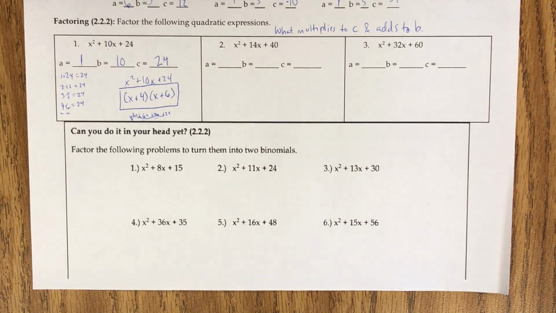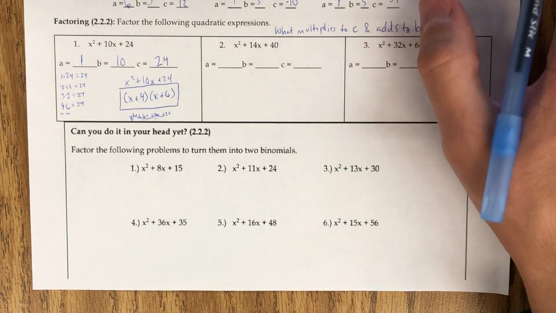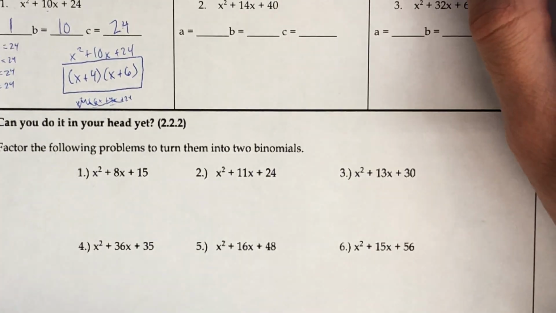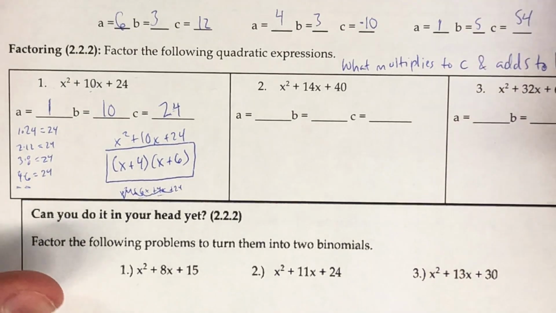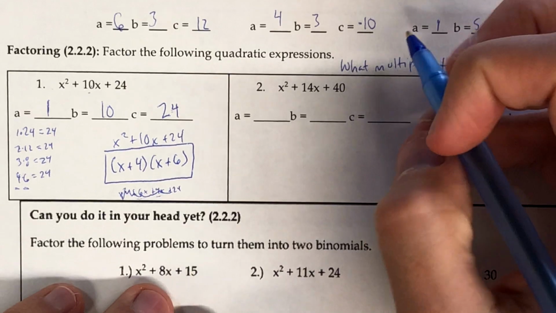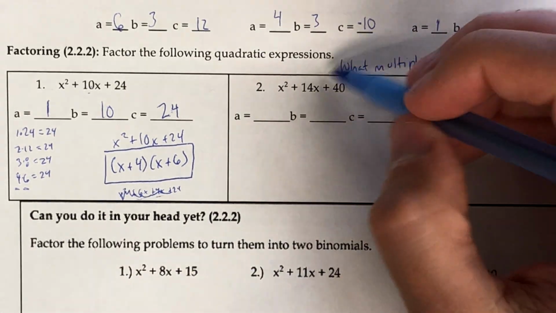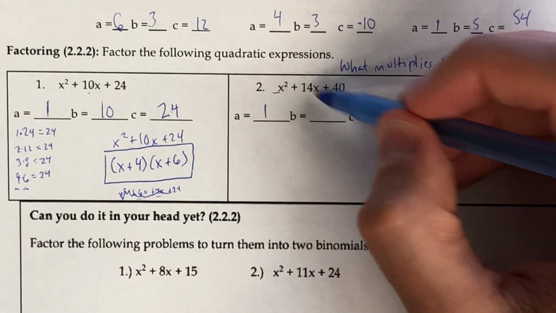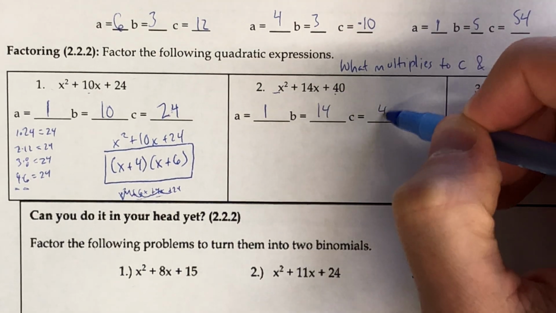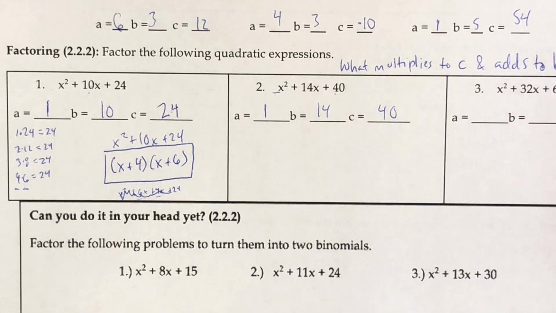Okay, so for number 2 here, let me zoom in a little bit for you. Let's start by identifying A, B, and C. Our A is 1, our B is 14, our C is 40. So we're looking for two numbers that multiply to 40 and add to 14. It's usually easier to think about what multiplies first.